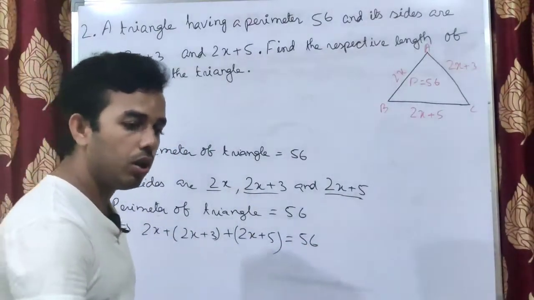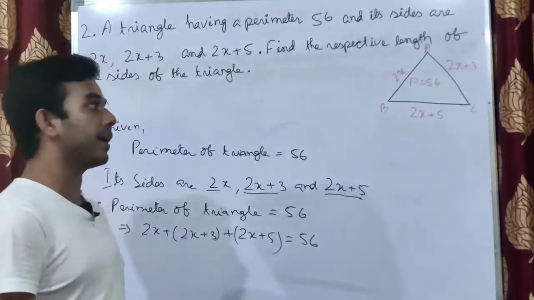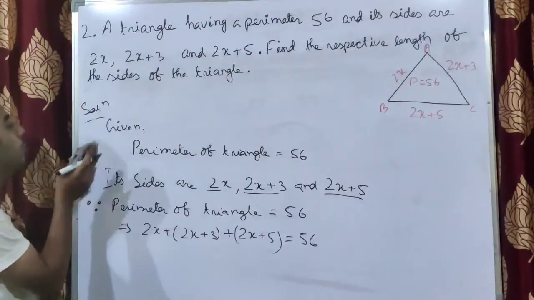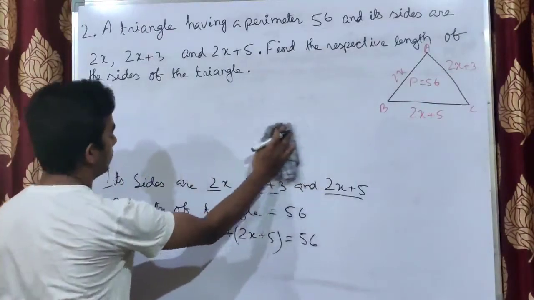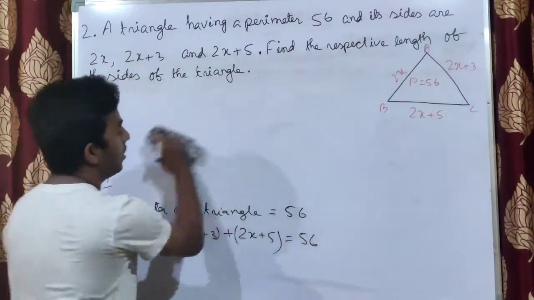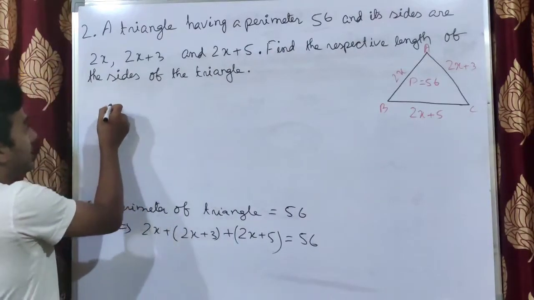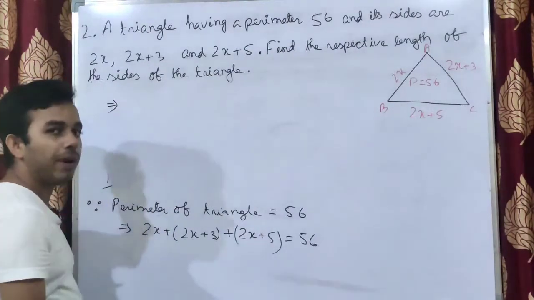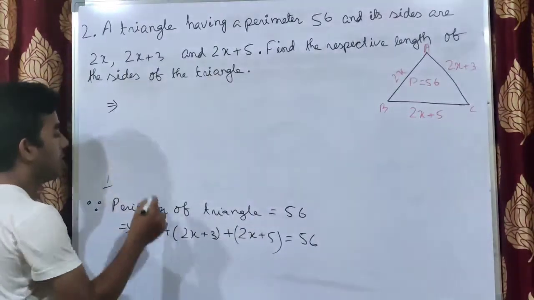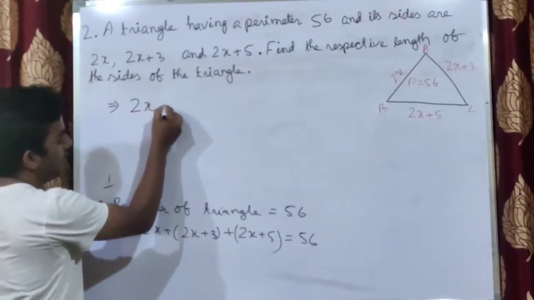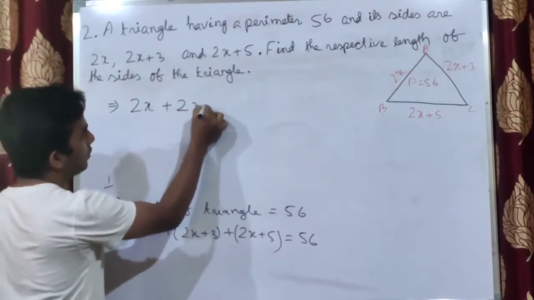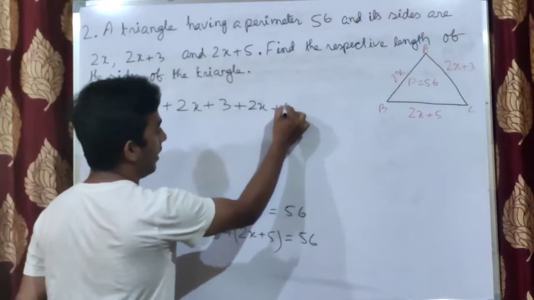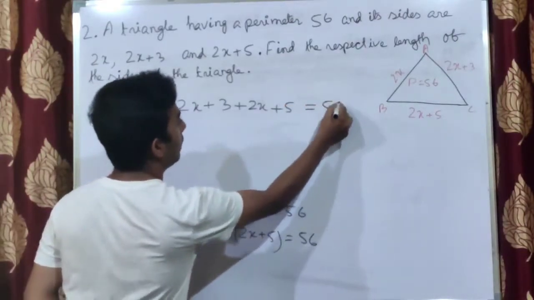Now what can we do? We will remove the brackets. If we remove the brackets, as there is a plus sign, there will be no change. All the signs are plus, so there will be no change in the signs. So 2x plus 3 plus 2x plus 5 equals 56.